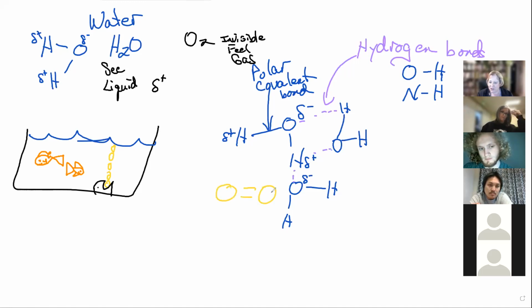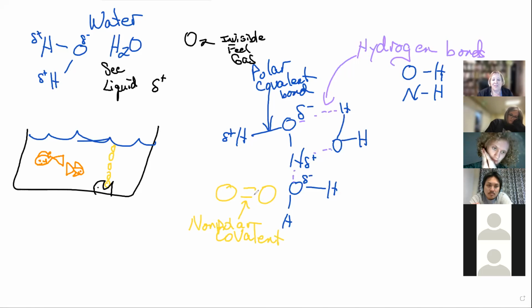So I've got oxygen here, and this bond is still a covalent bond, but it is a non-polar covalent bond. So there's no charge. This oxygen is kind of like the folks who don't know the steps to the square dance, and they're sitting off to the side watching. They're not a part of the dance because they can't hydrogen bond.